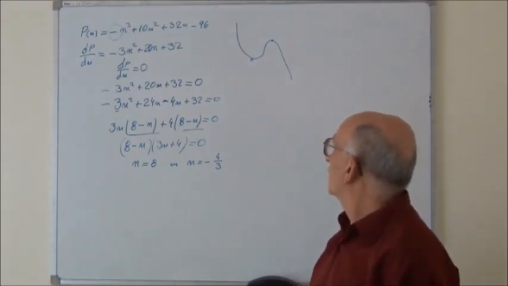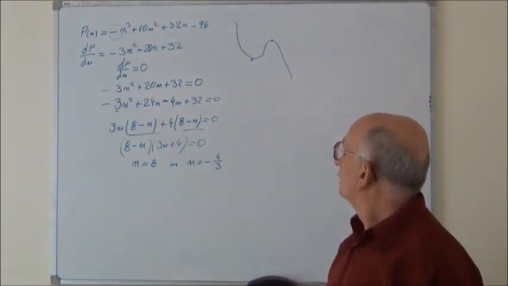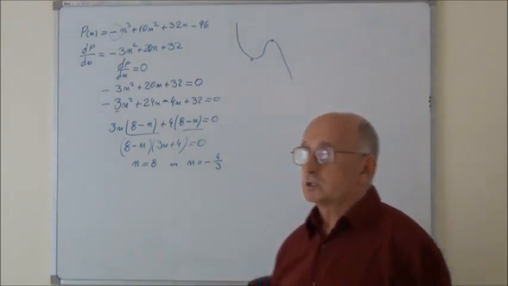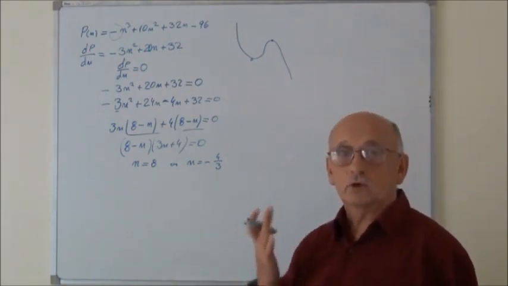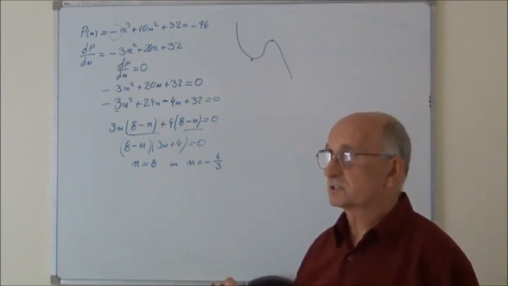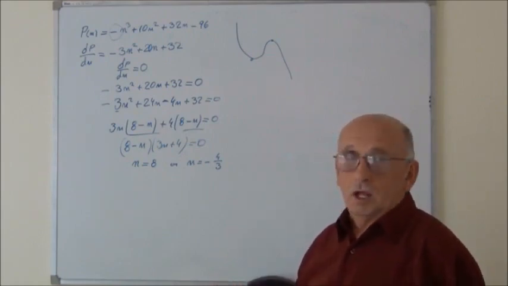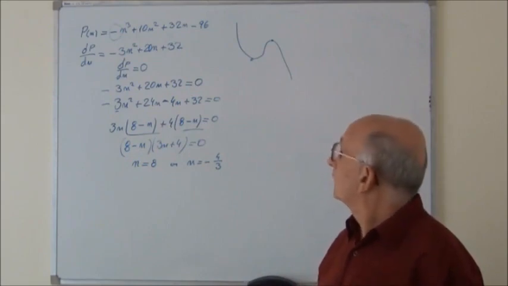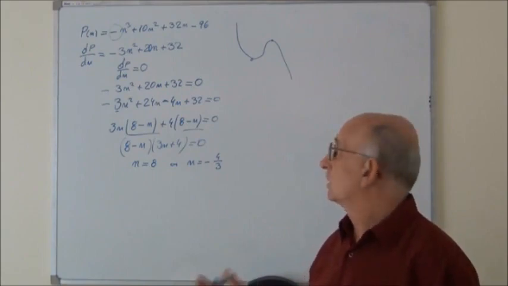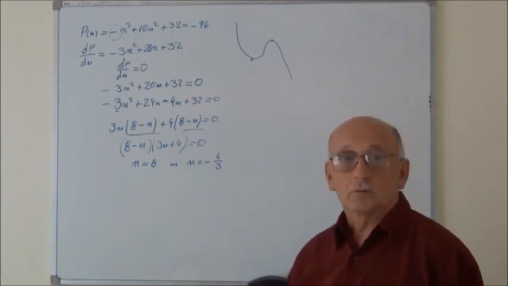that we can make a conclusion about which point of those two to take, actually which number to take, is that we always have to keep in mind the reality of those questions. So what are we calculating here? We are calculating the number of employees, so we are actually calculating the number of people.